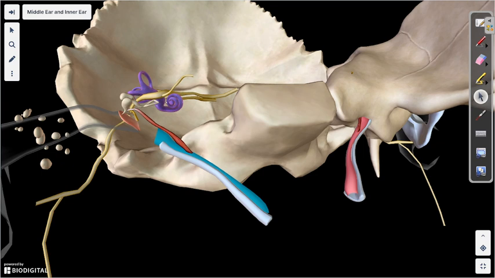So what do you do to alleviate that pressure? You must close your nose and blow, forcing air into the middle ear via the eustachian tube. That equalizes pressure on either side of the tympanic membrane.